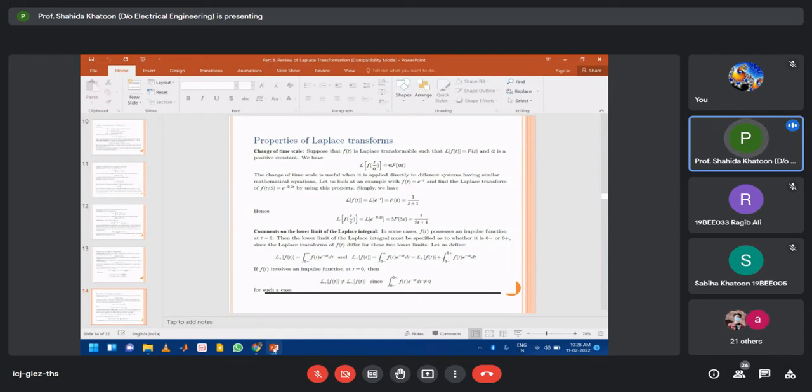So basically it becomes L plus of f(t) plus the integral from 0 minus to 0 plus of f(t) e to the power minus st dt. So if f(t) involves an impulse function at t equal to 0, then L plus of f(t) is not equal to L minus of f(t), since the integral from 0 minus to 0 plus of f(t) is not equal to 0, right? So this is basically a comment on the lower limit of the Laplace integral. So you can take down the notes.